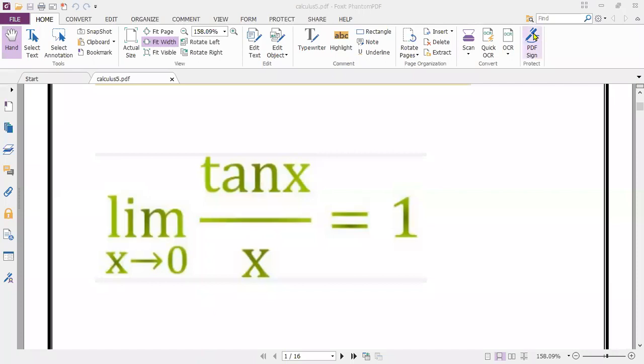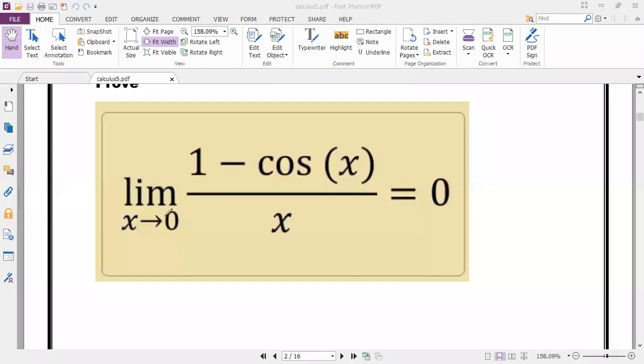And the same goes for tan x over x. Remember, the angle x is measured in radian. When x tends to 0, it will be 1. Okay, so sine x over x when x tends to 0 equals 1, and also tan x over x when x tends to 0 equals 1.